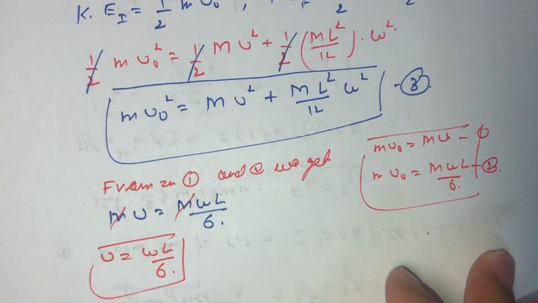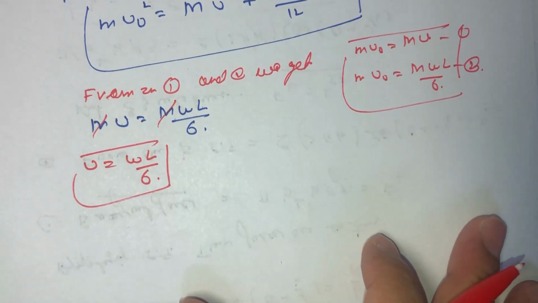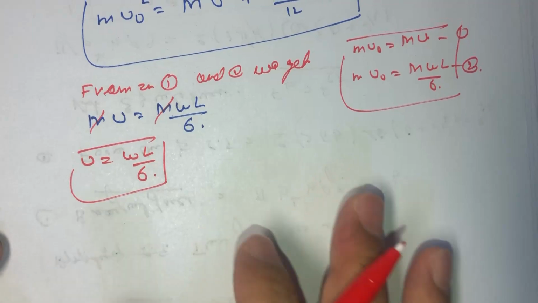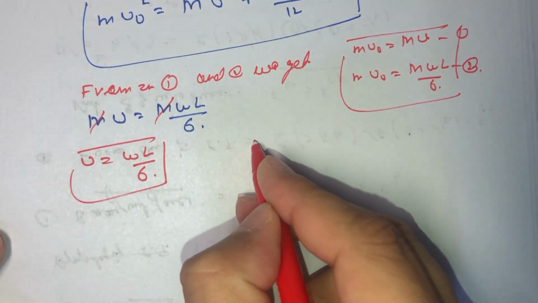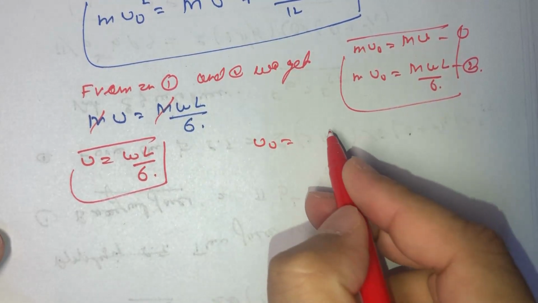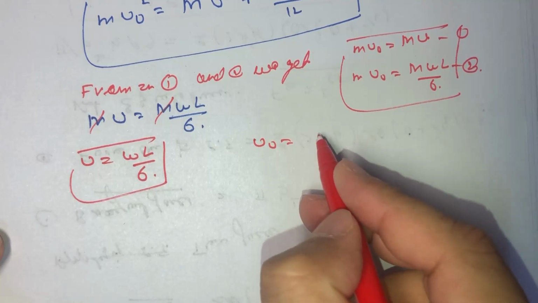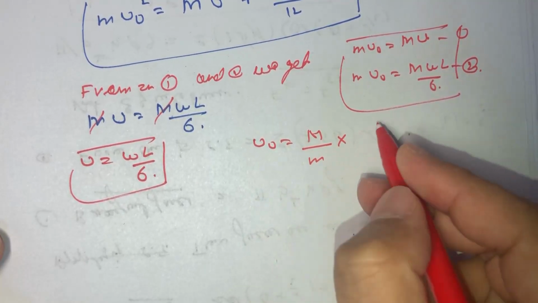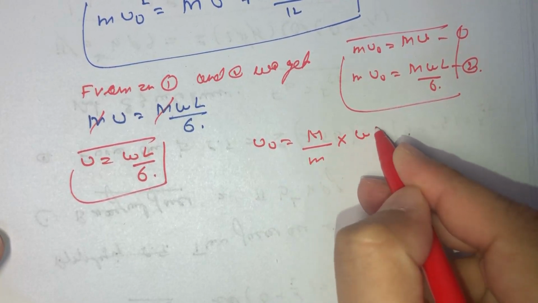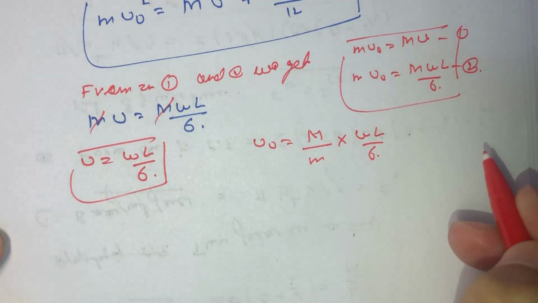And also we can find out our v naught. So we can say that our v naught will be equal to capital M divided by small m and multiply by omega L divided by 6.